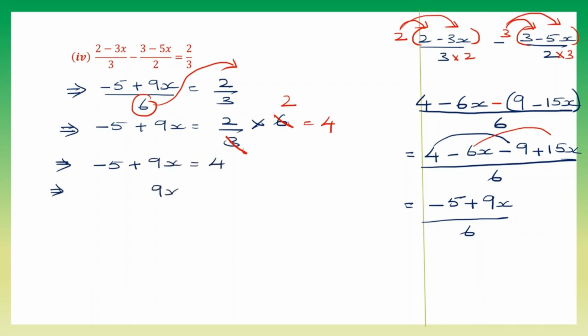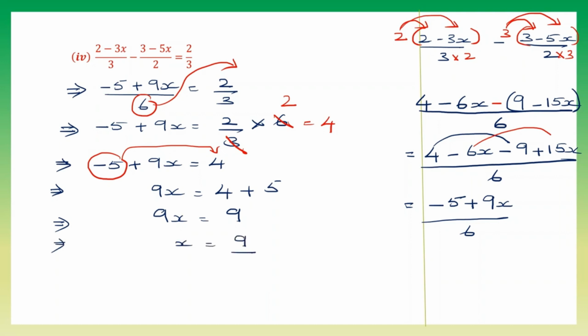So 9x will be 4 plus 5, because we have transposed minus 5 to the right hand side. It has become plus 5. So 9x is equal to 4 plus 5, which is 9. Therefore, x will be 9 divided by 9, which is 1. So we have found the value of x. x is equal to 1. So in this question, we have found the value of x and x is equal to 1.